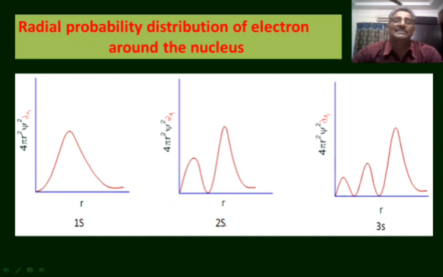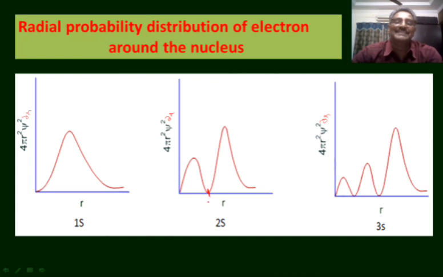Whereas in the case of 2s orbital, the radial probability of the electron increases with increasing r, reaching a maximum value, decreases to 0, and again increases to another maximum value, and then decreases to a minimum value. So in this path, at a certain distance of r from the nucleus, the probability of finding the electron is 0.